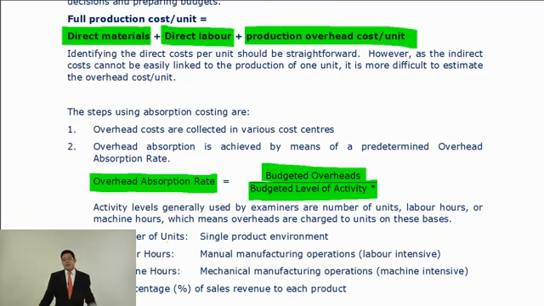Now you might have noticed from this formula of absorption costing, budgeted overheads divided by budgeted level of activity, that this is a traditional system of costing. Why traditional? Because many of you might have applied this in real life as well. This is a system of sharing.